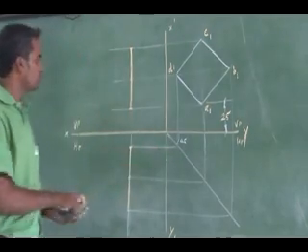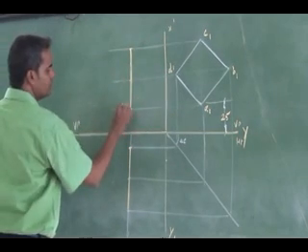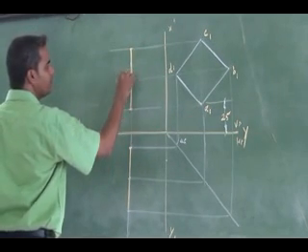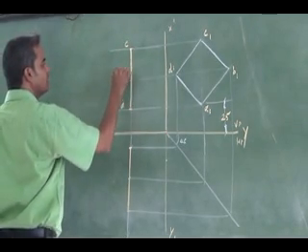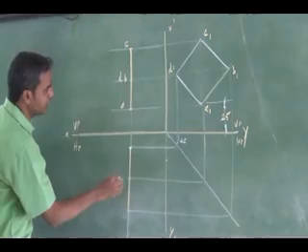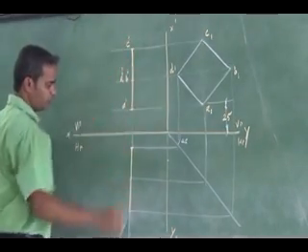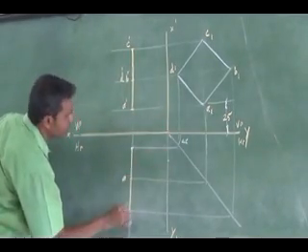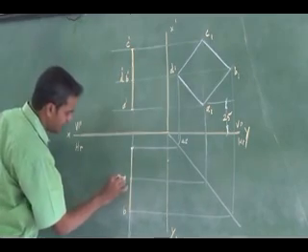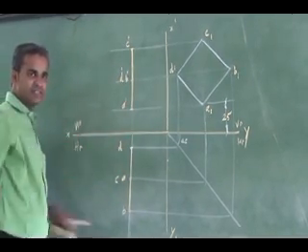So these rotations, this is my A, this is B, this is C, I will have D here. Again here I will have, these are all with dash, A dash, the front view. Here I will have my A, B, then C again here, D is here. So these are all without dash, this is the top view.